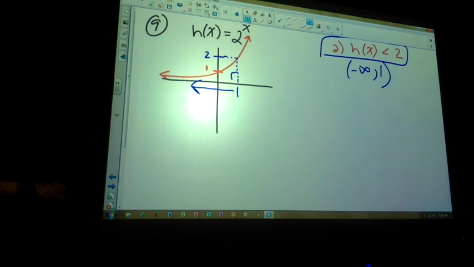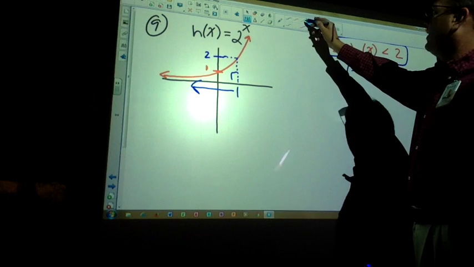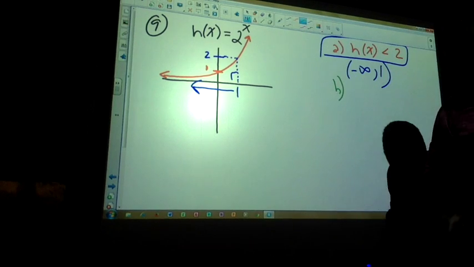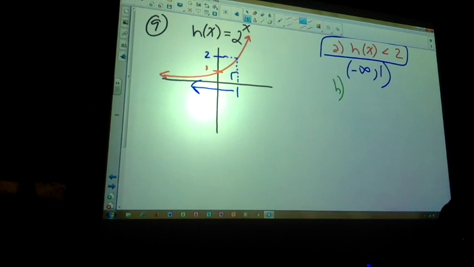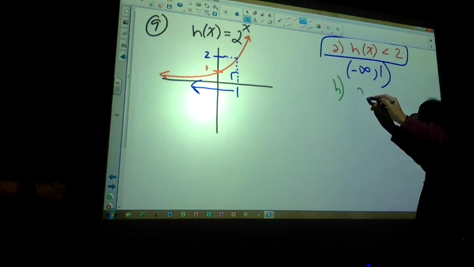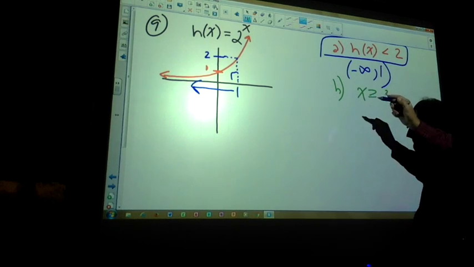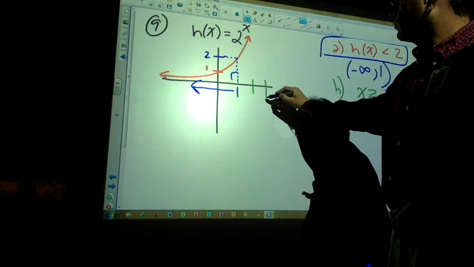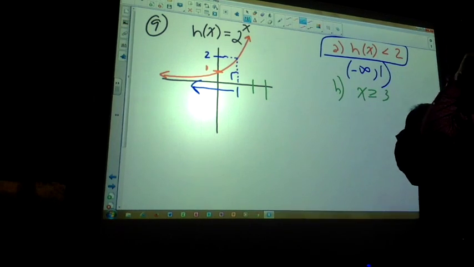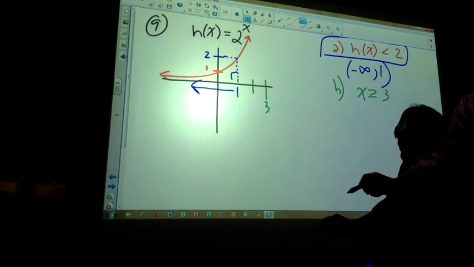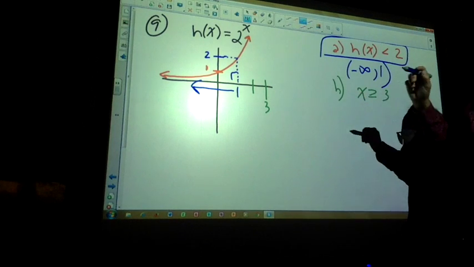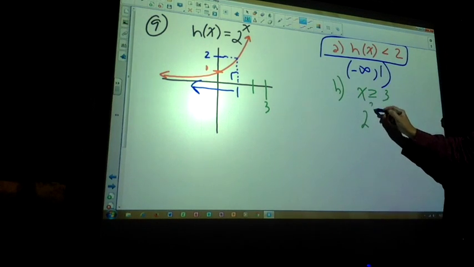Letter B, find the values where x is greater than or equal to 3. Okay? So you get 3 here. So if I plug 3 in, this is 2 to the 3rd power.